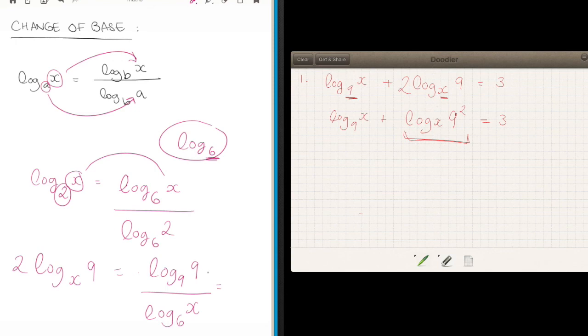So log base 9 of 9 is just 1. Log base 9 of x. Now don't forget your 2 in front, so it'll just be 2. And what you'll get here is log base 9 of x plus 2 over log base 9 of x is equal to 3, and then you can later just solve that out. Okay, I hope this helped.